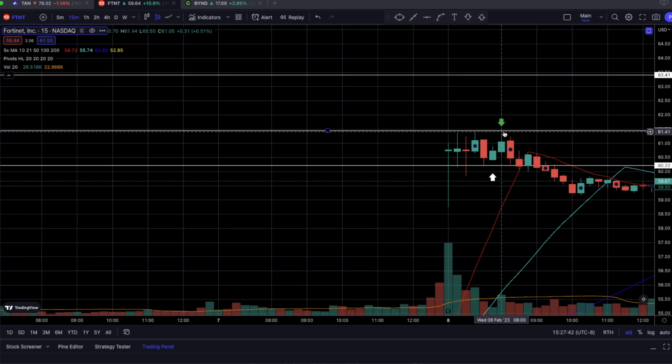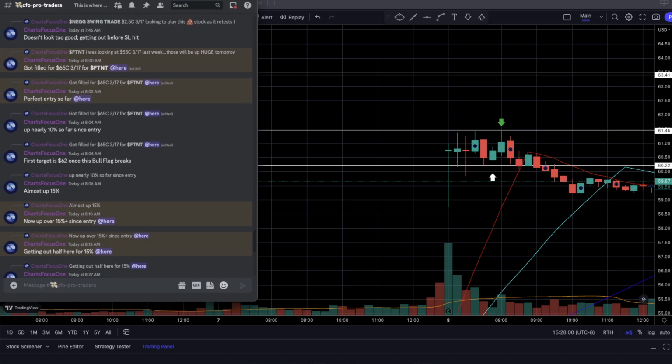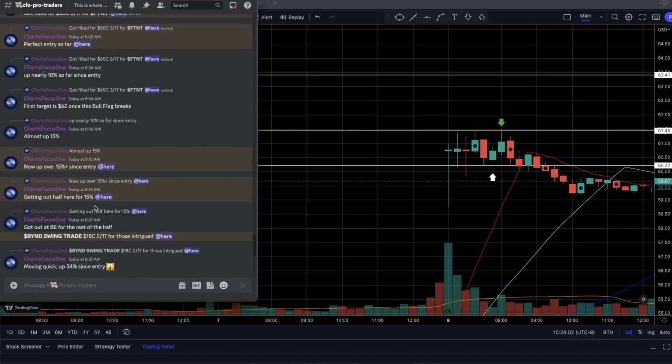And I saw that the contracts were too far out of the money, and these contracts were already juiced up with premium from the overnight gap up, this huge 10% gap up. So I told my members to take half profits or full profits at 15%.